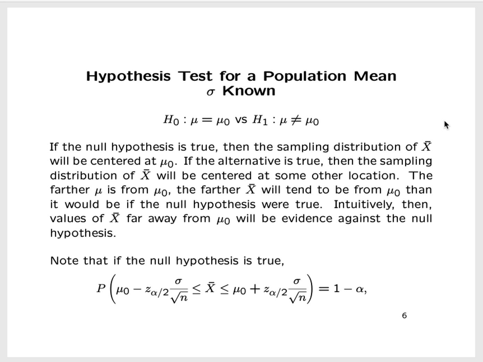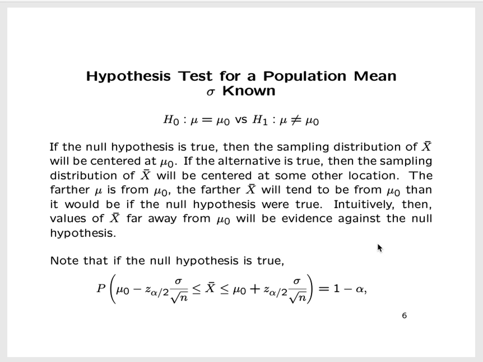On the other hand, if the alternative is true, then the sampling distribution of x bar will be centered at some other location. Now, the farther mu is from the hypothesized value mu naught, the farther x bar will tend to be from mu naught than it would be if the null hypothesis were in fact true. So intuitively then, values of x bar that are far away from mu sub 0 will be evidence against the null hypothesis.